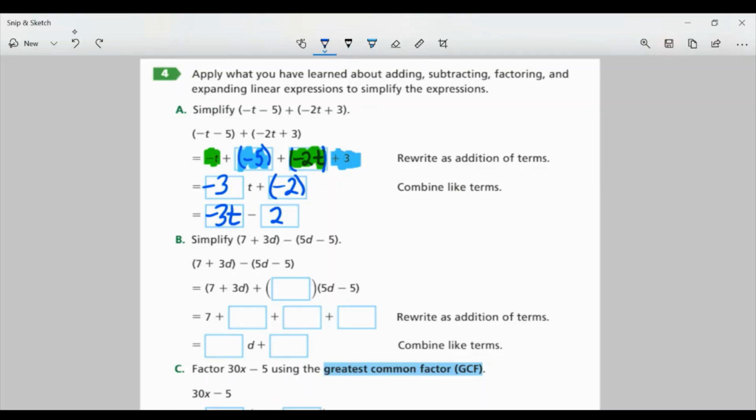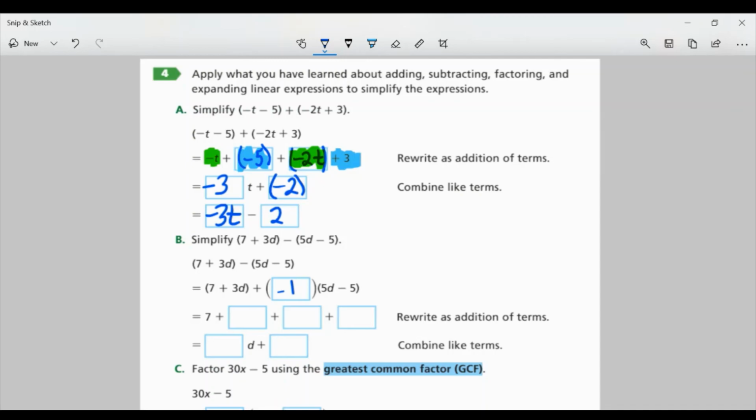So I'm going to rewrite it with that negative 1 inside, right? So we have our expression. It's the same thing, but instead of minus parentheses 5d minus 5, I have plus negative 1 times 5d minus 5.